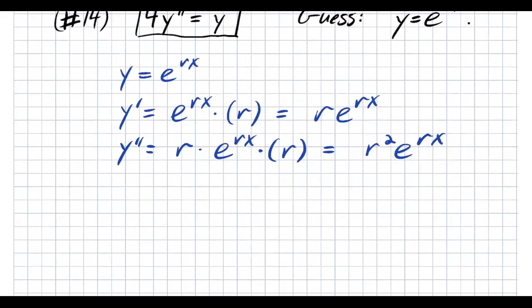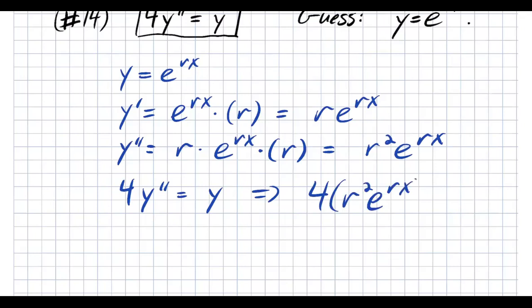Okay, let's plug these into the differential equation. So we have 4y double prime equals y. So let's plug those in. So we'll have 4, and y double prime is r squared e to the rx.